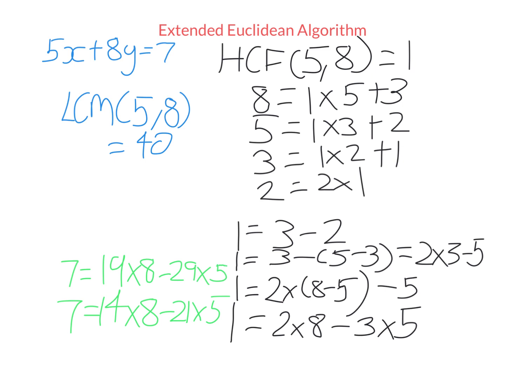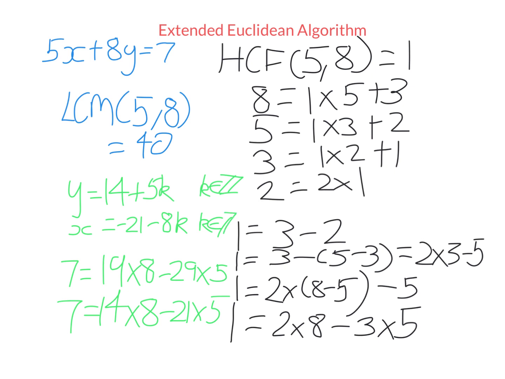And so on. So in general form, as a solution I've got y equals 14 plus k times 5, where k has to be an integer. And for x, my original solution was negative 21, and I just need to subtract integer multiples of 8.